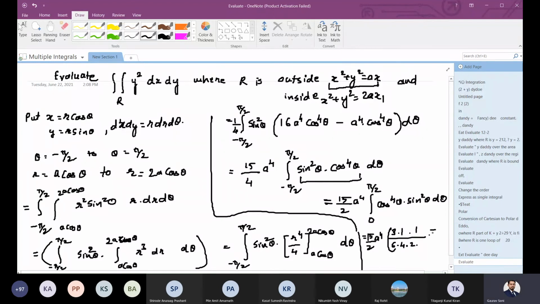Both are even, multiply by pi by 2. And so the final answer is 15 pi a raised to 4 divided by 64. This is the final answer. I hope that is correct.